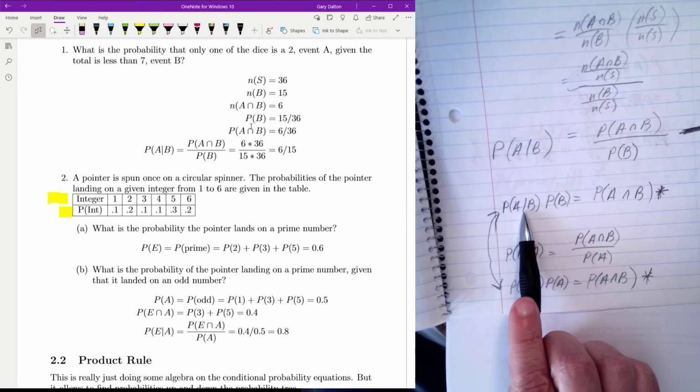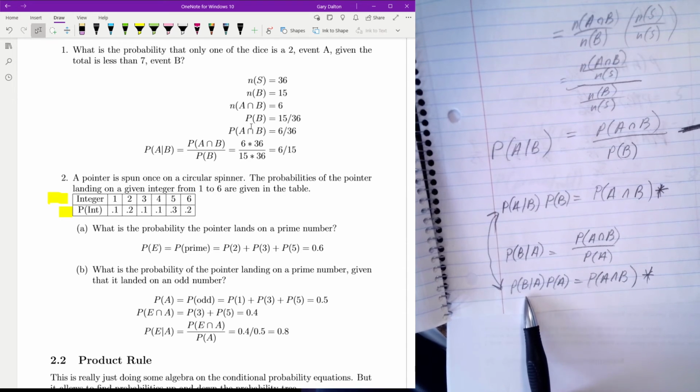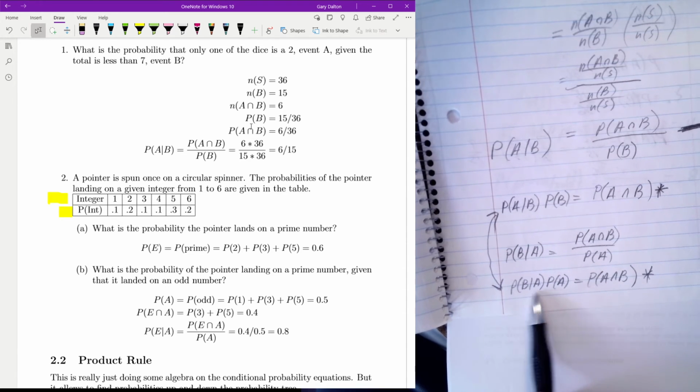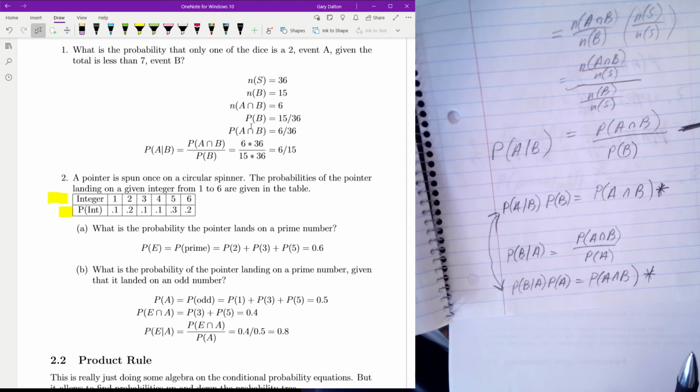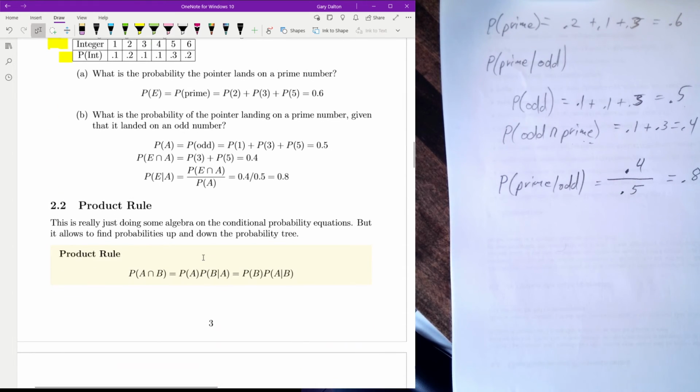So the probability of A given B times the probability of B is equal to the probability of B given A times the probability of A. Each one of those is equal to the intersection. And that's exactly where this product rule comes from. So it's exactly what's indicated in this product rule.